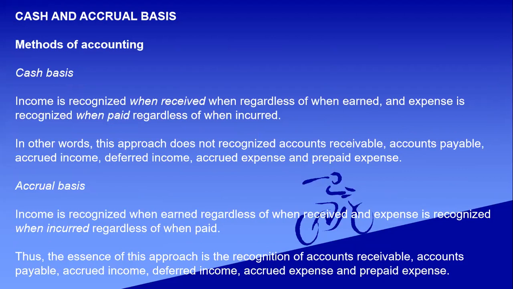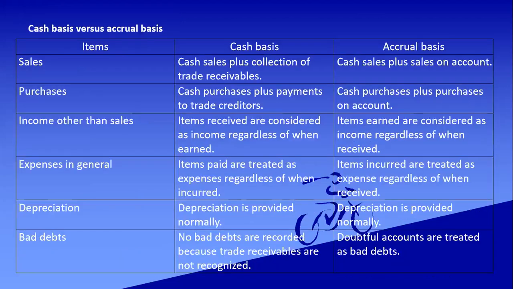So, in other words, the essence of the accrual basis is the recognition of accounts receivable, accounts payable, accrued income, deferred income, accrued expense, and prepaid expense. Now we have the cash basis versus the accrual basis.